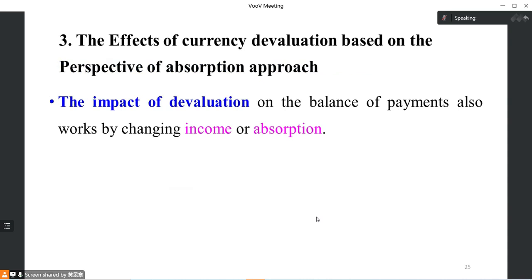Three, the effects of currency devaluation based on the perspective of the absorption approach. The impact of devaluation on the balance of payments also works by changing income or absorption.